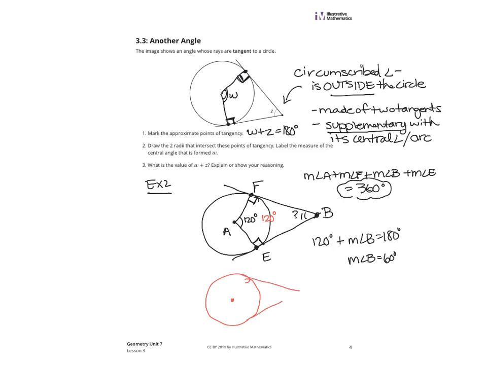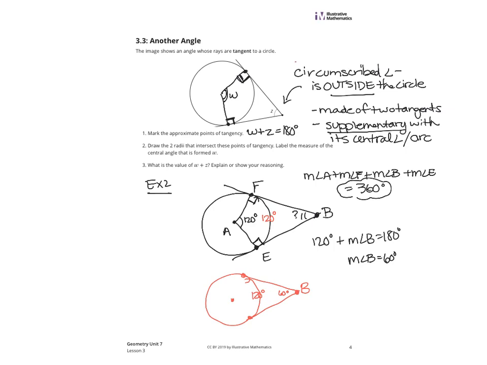I could have just drawn the two lines tangent at B and told you that the arc is 120 degrees. It is true that the arc and angle B are also supplementary, so I could get my 60 degrees in that manner too. Just another way that you sometimes see the algebra using these circumscribed angles.